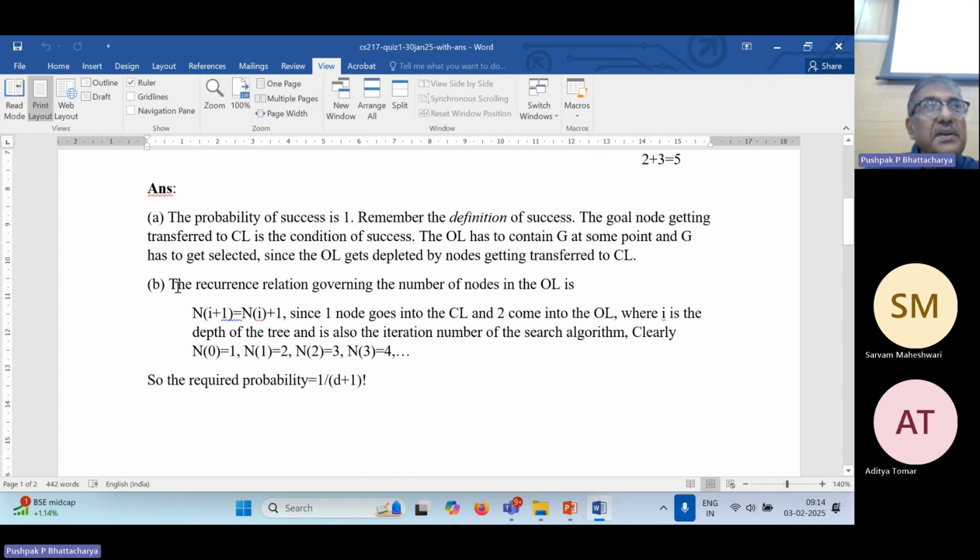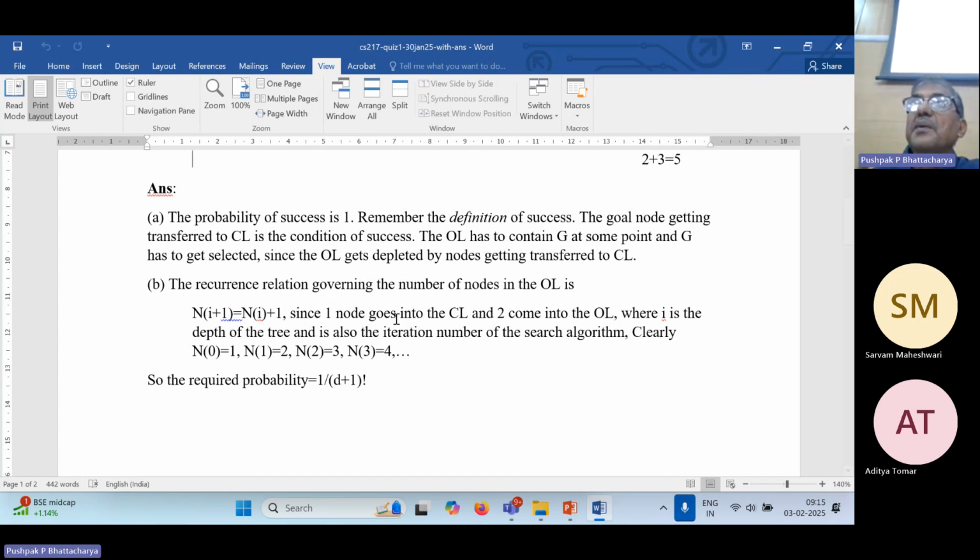No useless expansion. So that means you pick up the exact node from the path from S to G at every step in the iteration. So what is the probability of that? The recurrence relation governing the number of nodes in the open list is n_{i+1} = n_i + 1, since one node goes into the closed list and two come into the open list.